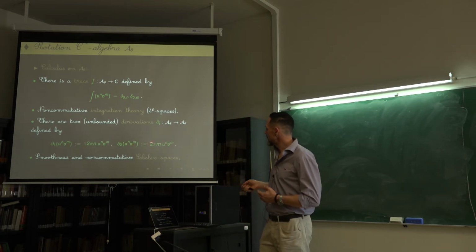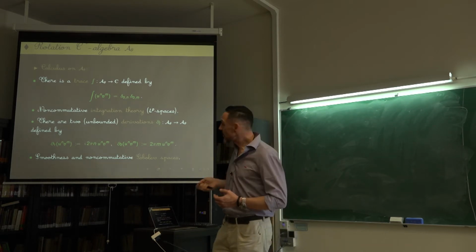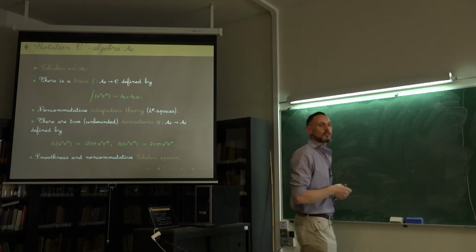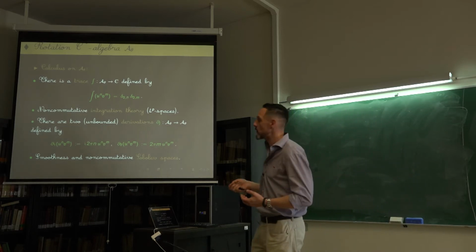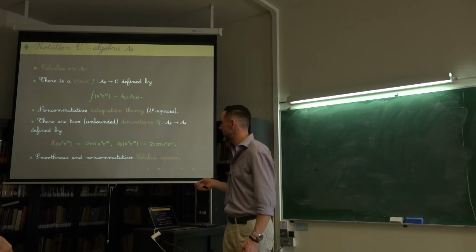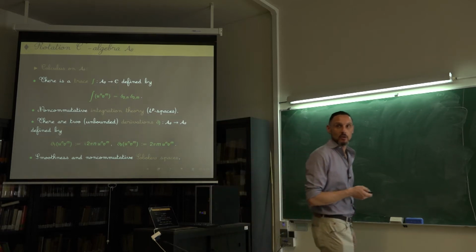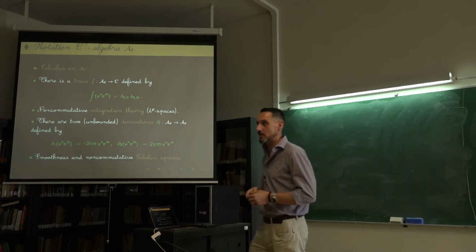Well, there is a mistake here. I missed an i. Sorry. And because I have this derivation, I can, for instance, define what smooth functions are. Smooth elements of my algebra are elements which support all these derivatives. These derivatives are unbounded, not defined on all the elements of the algebra, but this is not a problem. We know that there are continuous functions which cannot be differentiated.